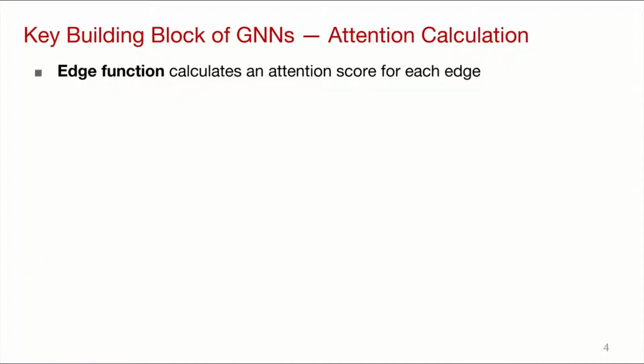Another key building block of GNN is attention calculation. In simple GNN models, there is no weight on the edge. It's just a binary value denoting the existence of edge. In advanced GNN models, in order to improve the model's expressiveness, every edge is assigned a weight. The weight is learnable using some attention mechanism. Attention calculation is described by an edge function.